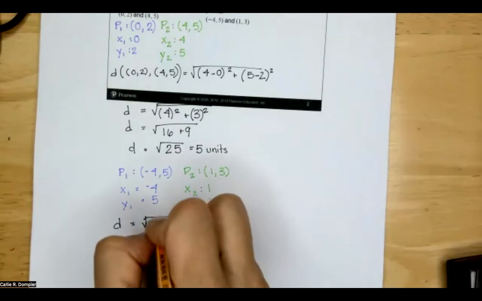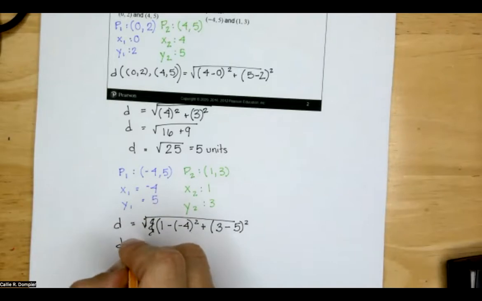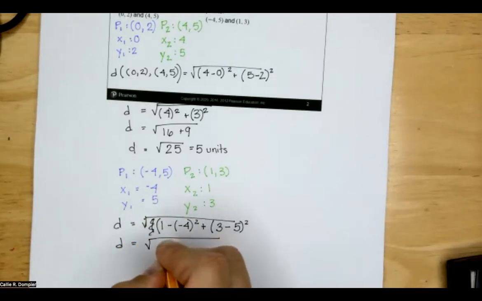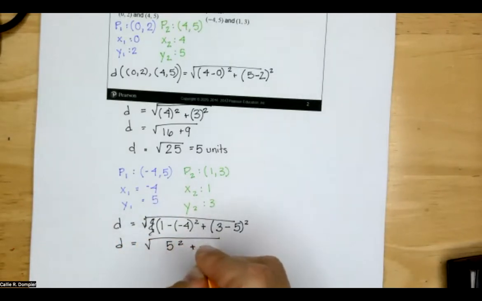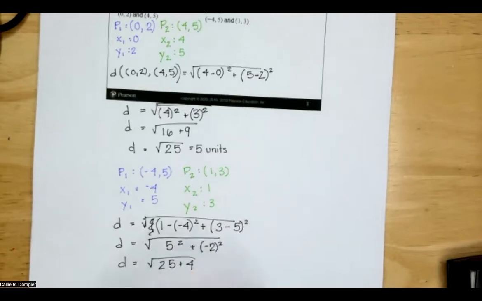1 minus negative 4 becomes 5 squared. 3 minus 5 is negative 2 squared, so I'm going to keep the parentheses around the negative 2. 5 squared is 25, negative 2 squared is 4, all under the radical. So it's the square root of 29.